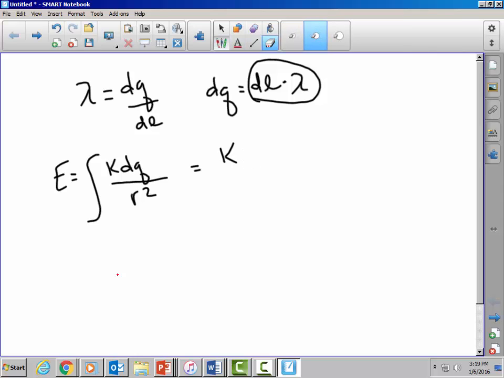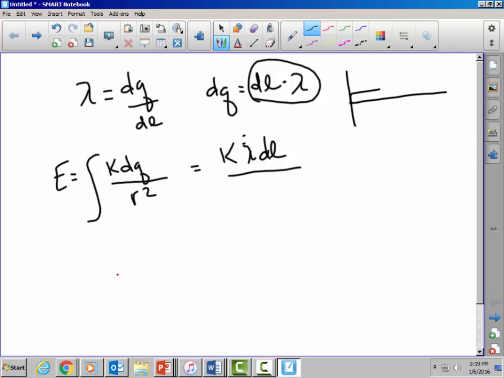Lambda dl over, and this is not going to be r squared. Remember, when we drew our initial picture, we had a rod of charges and some point out here, and we're looking at a small integral section here. We labeled this at point x and this at x naught. So we're going to call this x naught minus x, squared.